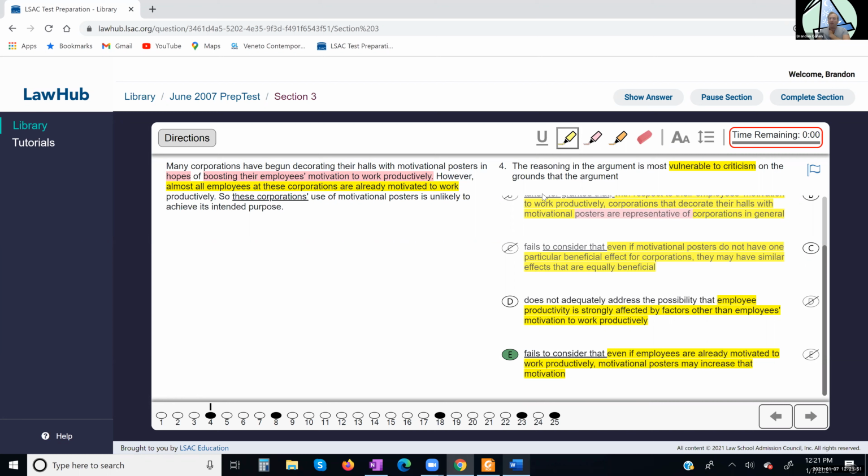So this is focused, and what I'm going to point out is this answer is focused on employee productivity and what affects it. Again, this was only about our motivation to work productively. So this actually makes it incorrect language. This is focused only on whether it's going to make them more productive when we only cared about increasing people's motivation to be productive. Technically different language. Okay, so that makes D incorrect and we can move on.